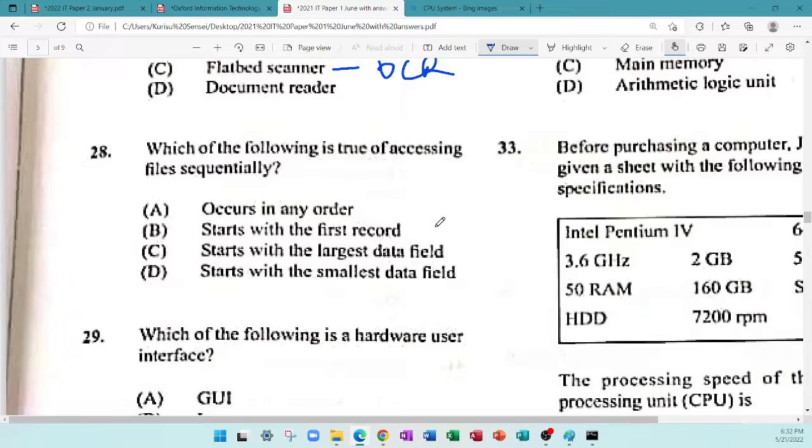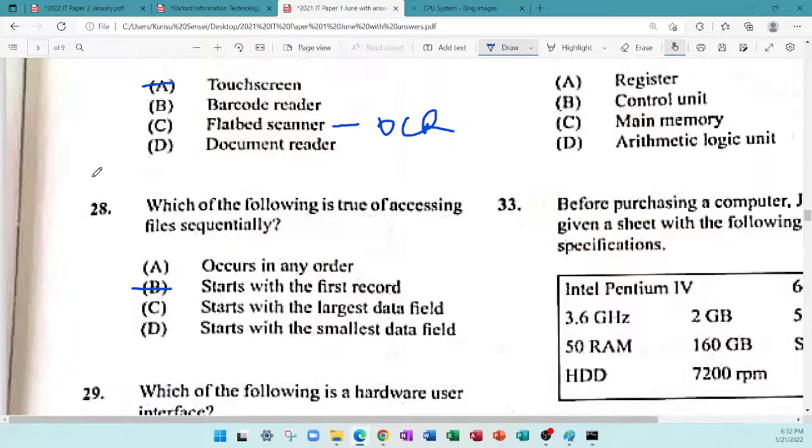28. Which of the following is true of accessing files sequentially? Starts from the first record. Yeah, that's the only correct one. If you have sequential files 1, 2, 3, 4, 5, 6, 7, 8, 9, 10, in order to get 10, you have to go through 1 to 9.